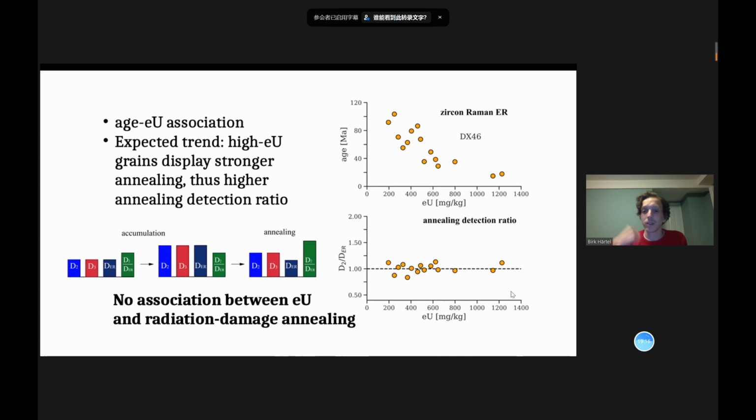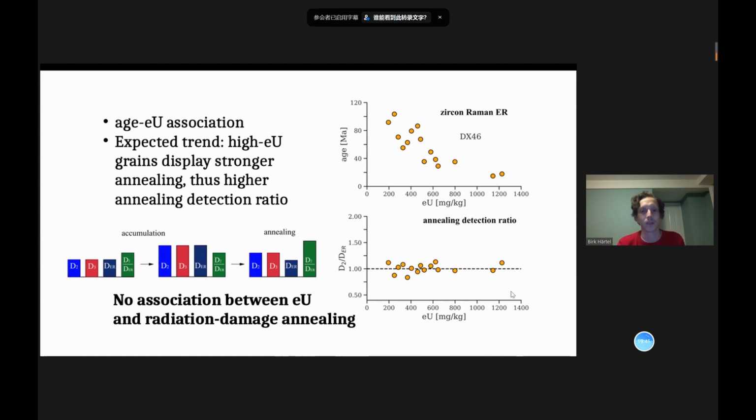And what we did then was to use our annealing detection ratio, so the one that I showed you yesterday, just to remember quickly again. The different Raman bands have a different sensitivity to thermal annealing, and that is why we can actually use damage estimates from different Raman bands to detect if a sample has been annealed or not.